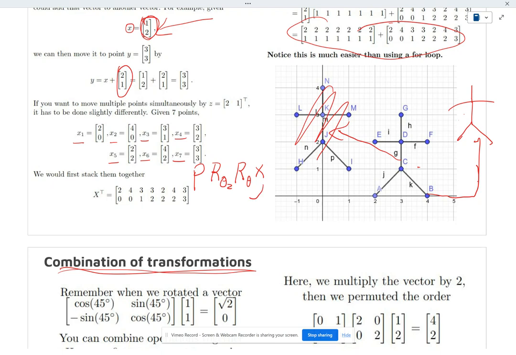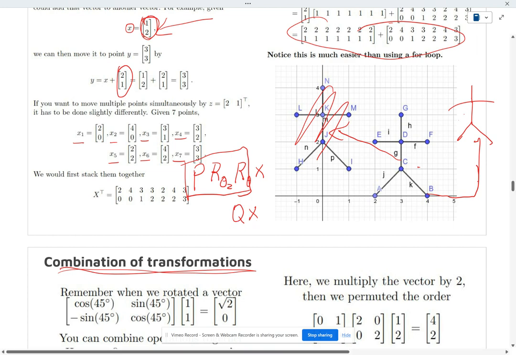So you can do it one stage at a time. Once you transform it, you can transform again, and then again. Now, if you remember matrix multiplication, you can multiply all of these transformations together. So if you multiply P, R, and R together, you just get a new matrix. So you can perform the transformation with just one multiplication, the Q.